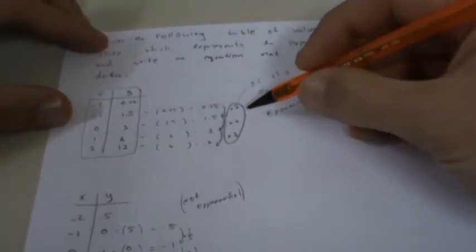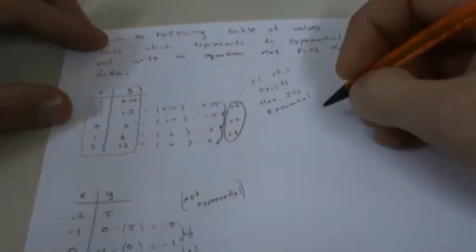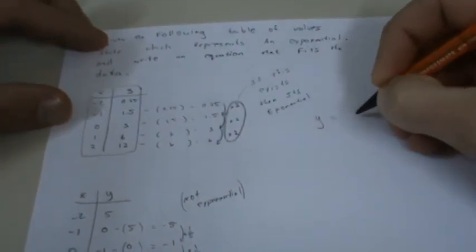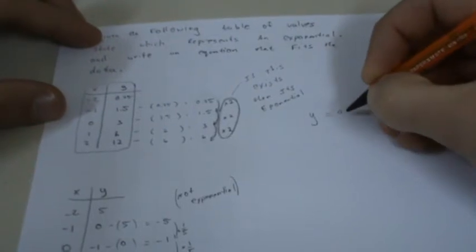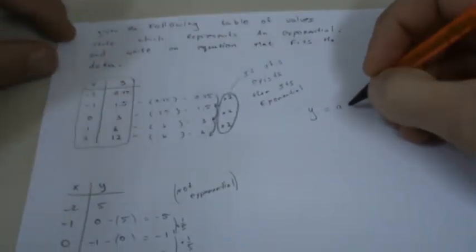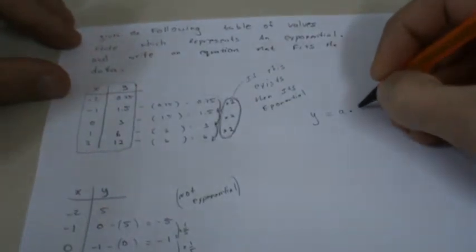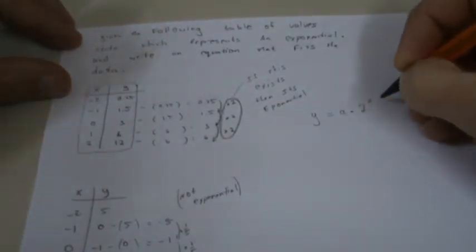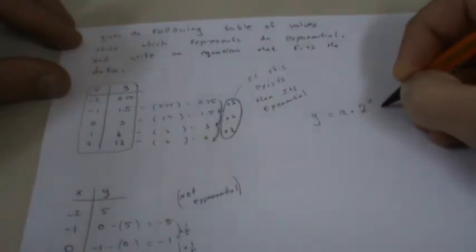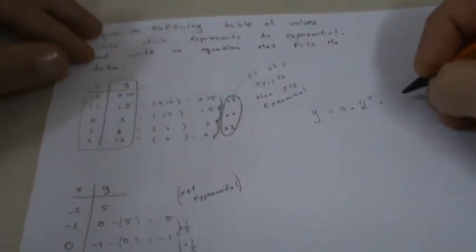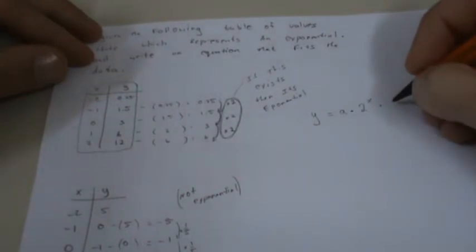And notice that the number is times 2. So therefore my equation is y is equal to maybe some kind of stretch. The base is 2 to the x, and then maybe also some sort of shift as well.